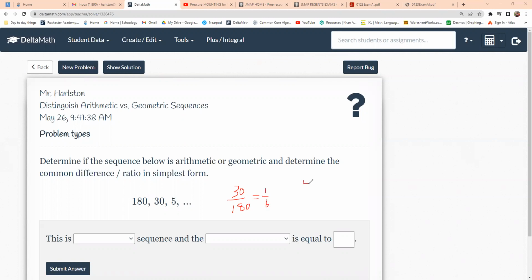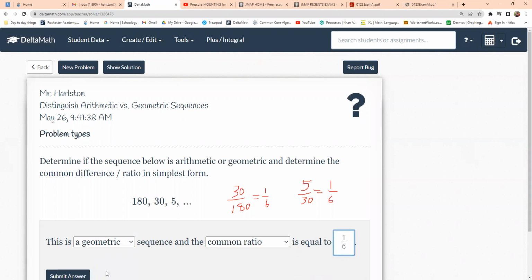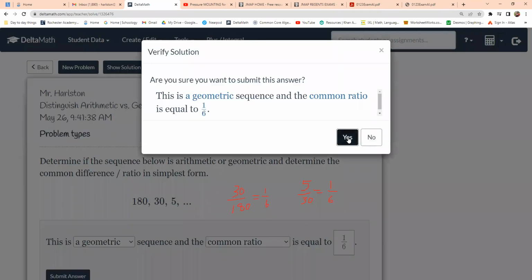And if we do 5 divided by 30, it's going to be 1/6. So our answer for this is going to be geometric, and the common ratio is equal to 1/6. And then we press enter, and then we have it.